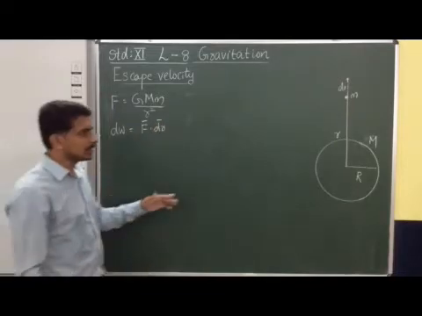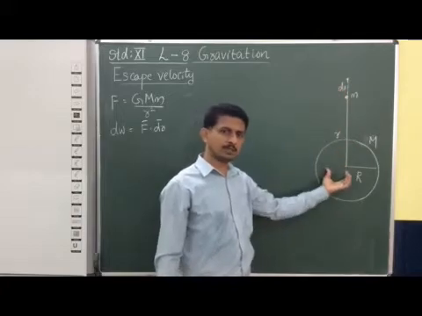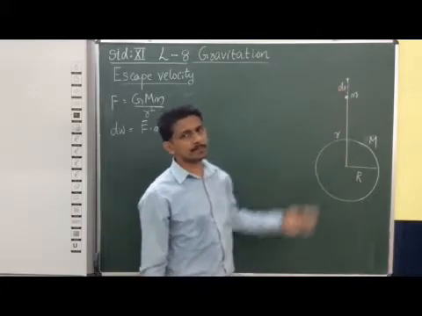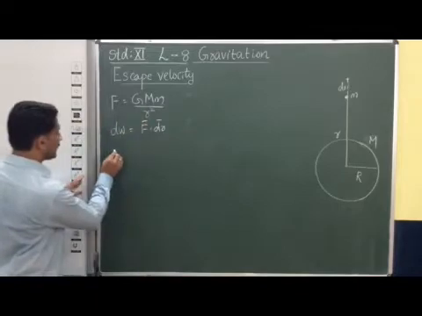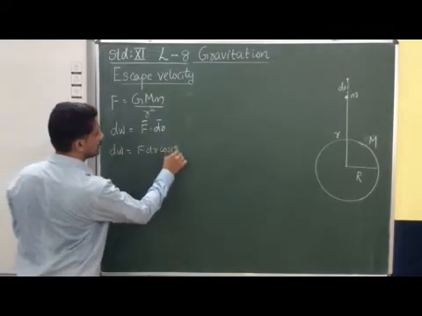In this case you can see that the force and the displacement are in opposite directions. The force is acting towards the surface of the earth, and the displacement is in the opposite direction. So we write the work done as F dr cos 180.